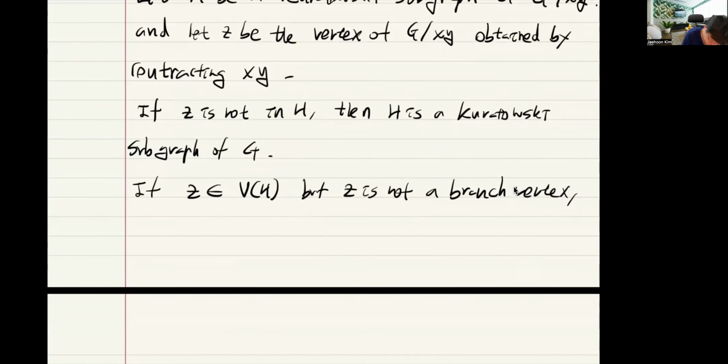Then in H, let's say this is v, then in the original graph, how does it look like?